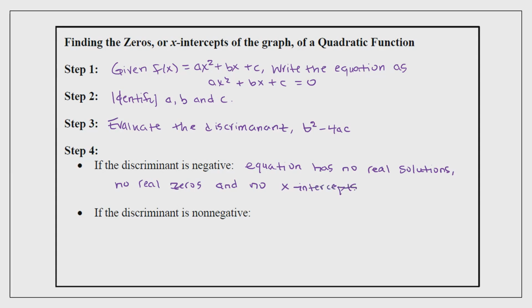Remember, intercepts are where the graph crosses its respective axis. If the discriminant is non-negative, the equation has real solutions, real zeros, and x-intercepts.